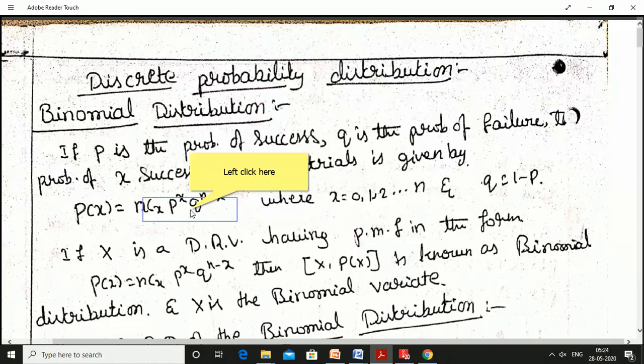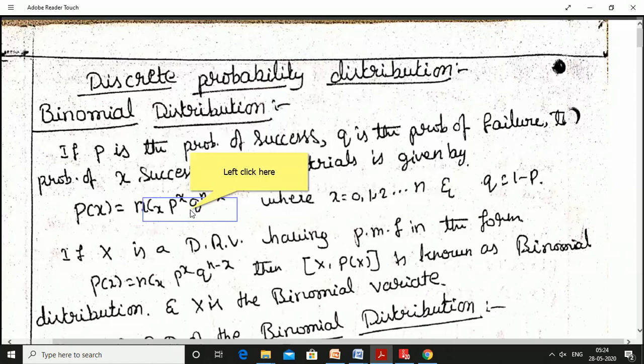If P is the probability of success and Q is the probability of failure, then the probability of X successes out of n trials is given by P of X is equal to nCx P to the power of X Q to the power of n minus X, where X takes the values from 0 to n.